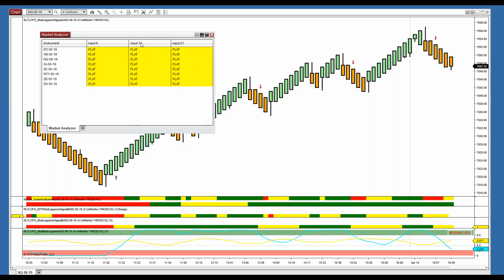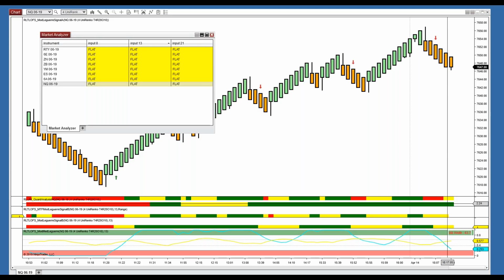Now, on the NQ, you have to look at input 13. And here's the NQ. You're going to take the signals off of this color. And you can see right now, we have no alignment. Here's our short-term Laguerre at the bottom. Here's our long-term Laguerre right here.